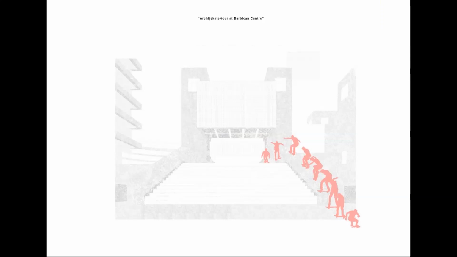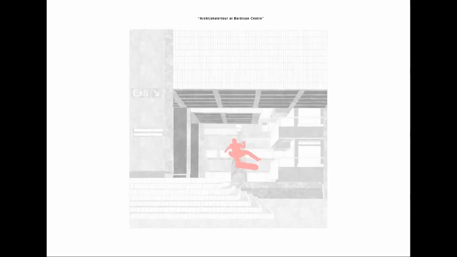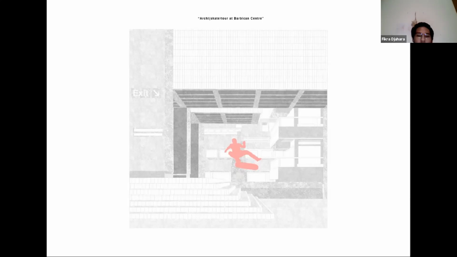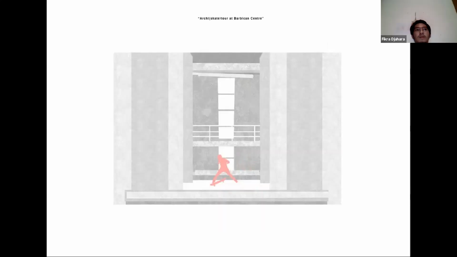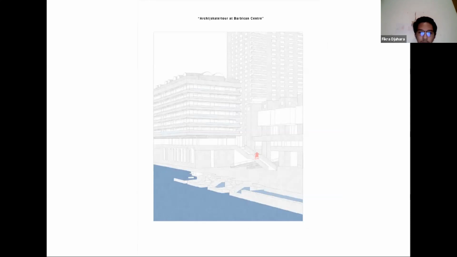They could make a photo like this, or even from the same angle, you could make many photos with different tricks happening in the same exact spot. So that's it from me, along with my partner Henrik Benedict.